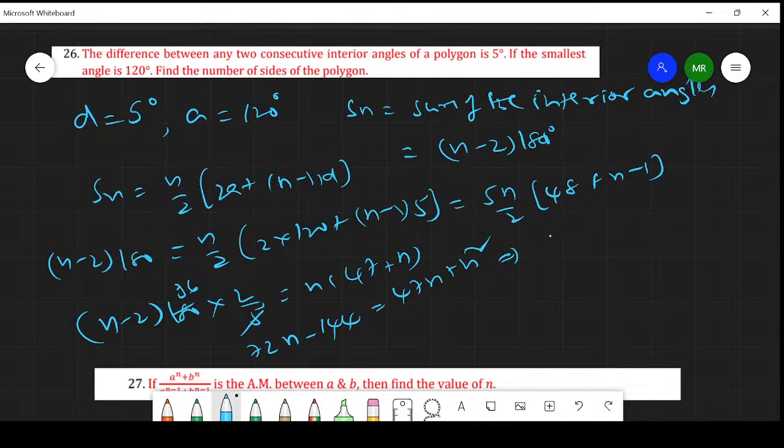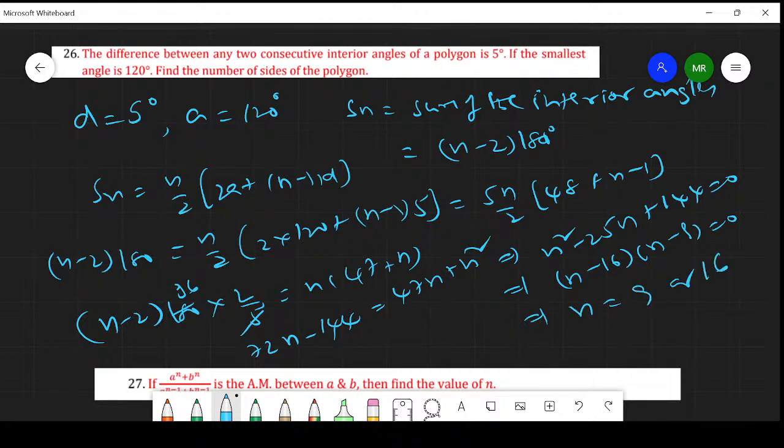Transferring to one side, I can write n square plus 47n minus 72n; the difference you can check, it comes to 25. So n square minus 25n plus 144 equal to 0. Find the factors: (n minus 16) into (n minus 9). So you will get n is equal to 9 or 16.